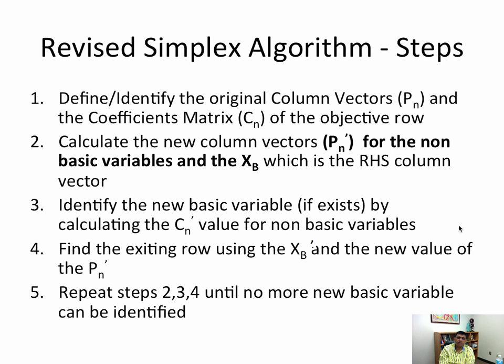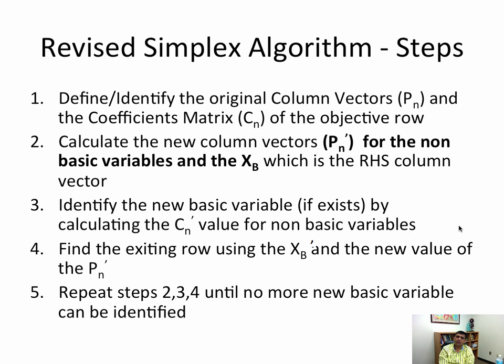So to wrap up, the revised simplex algorithm looks similar to the tabular method, except the only difference is that for each cycle or each iteration, we will always start with the original matrices, identifying the P matrix dependent on the basic variables, and then finding the P prime values for non-basic variables.